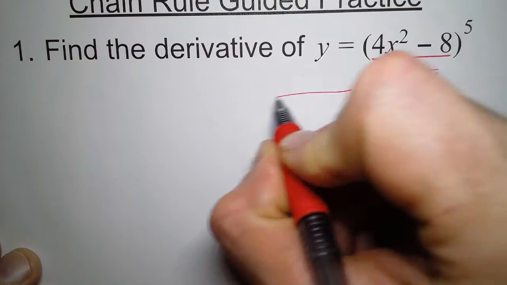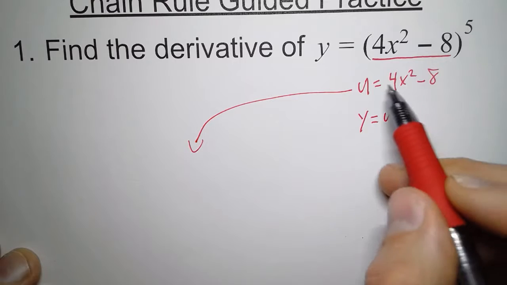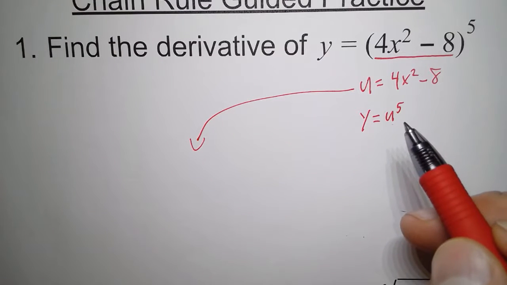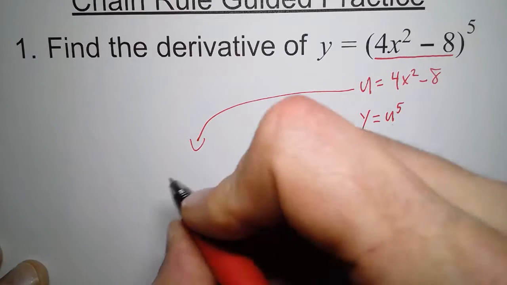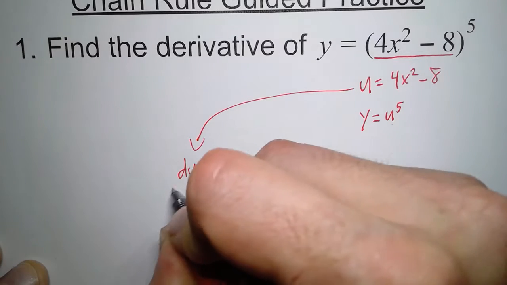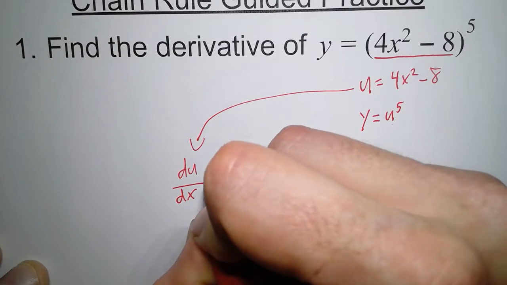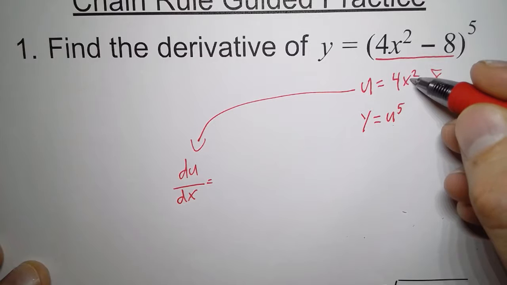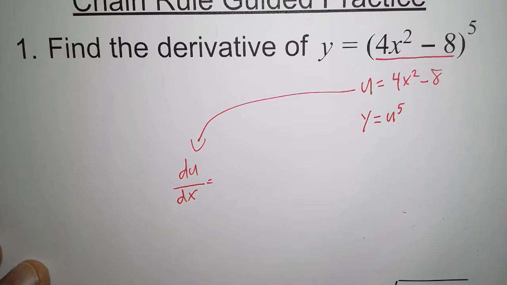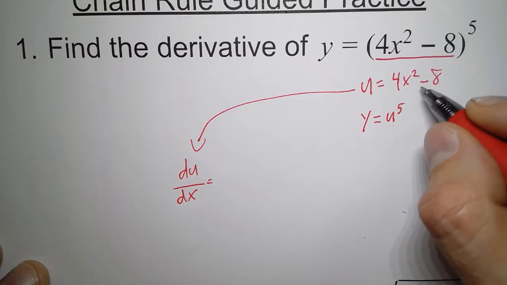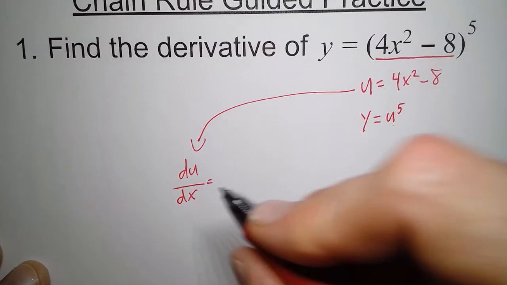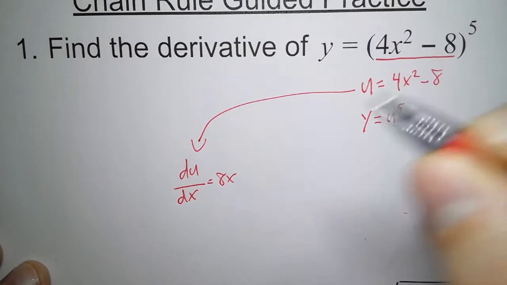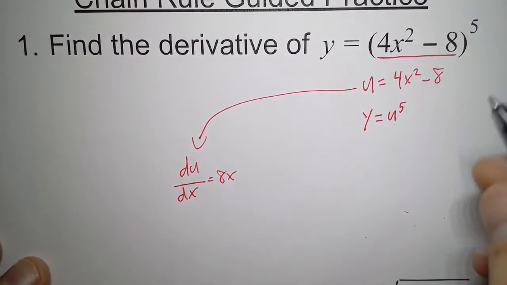So, the derivative of this function, u equals 4x squared minus 8, we're going to write our derivative as du dx. Because in this problem, x is our independent variable and u is our dependent variable. Quick power rule, so 4x squared becomes 8x, minus 8, that just goes away.